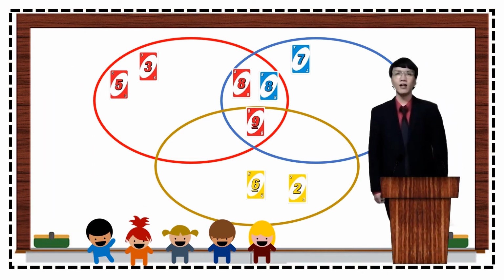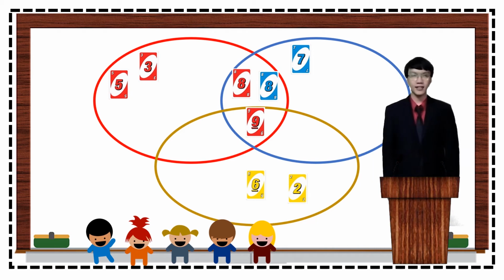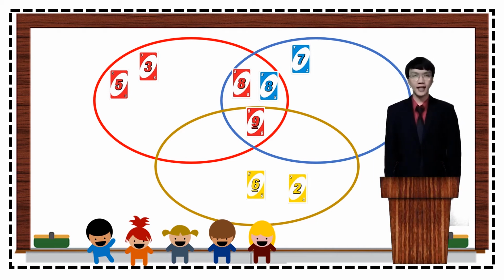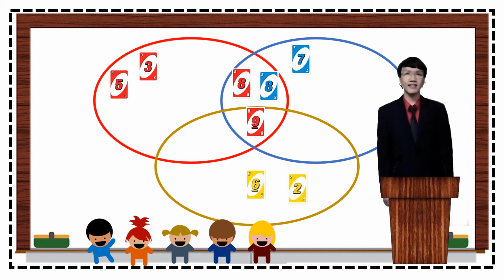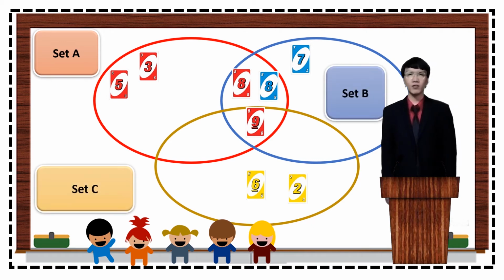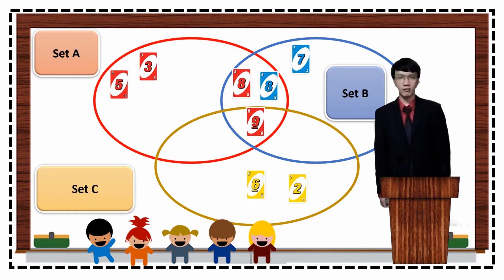Since the last meeting, we have discussed the definition of sets and subsets. Starting from Tom, how many sets can you interpret based on our Venn diagram? Correct. The answer is 3 sets. So, we got elements of set A, B, and C as you can see on the board. The Uno cards represent the elements of the sets.